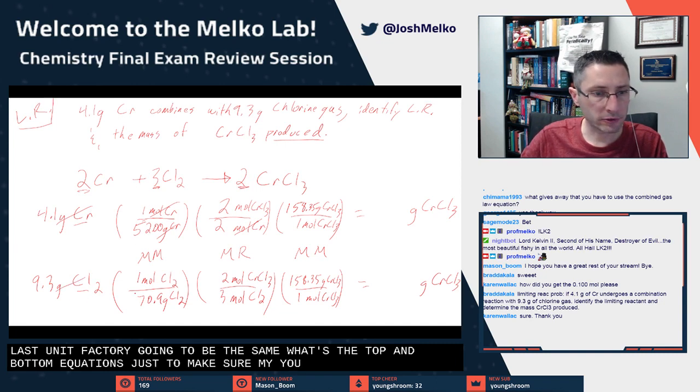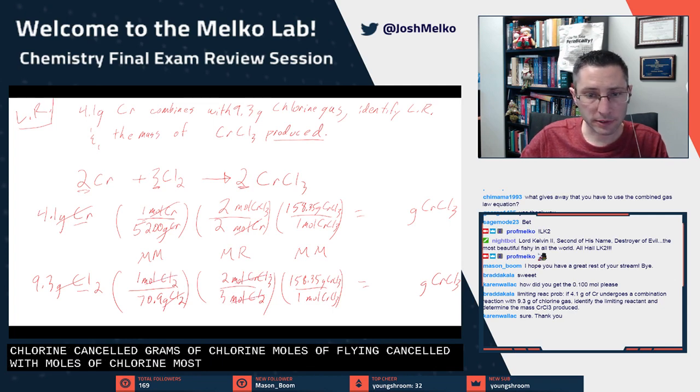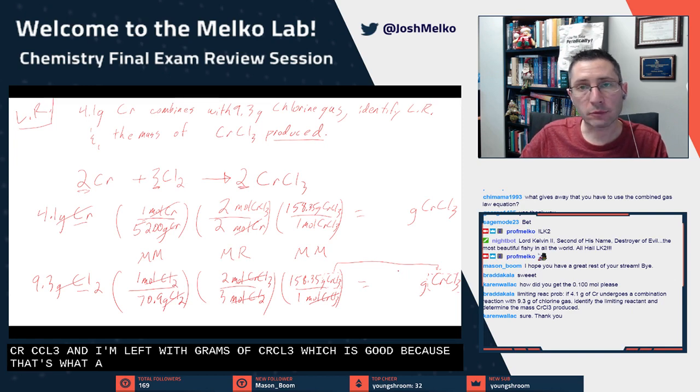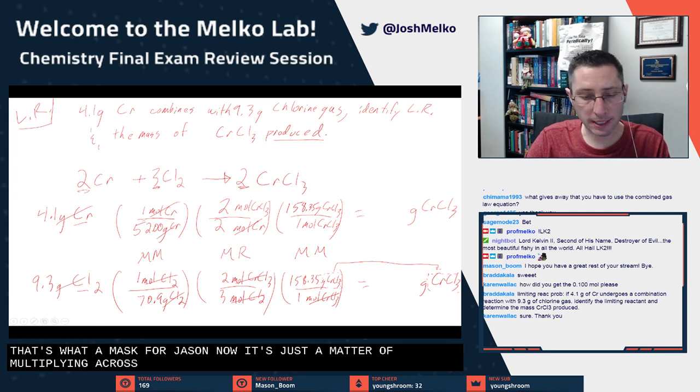Just to make sure my units are right, grams of chlorine cancel with grams of chlorine, moles of chlorine cancels with moles of chlorine, moles of CrCl3 cancels with moles of CrCl3, and I'm left with grams of CrCl3, which is good because that's what I'm asked for.